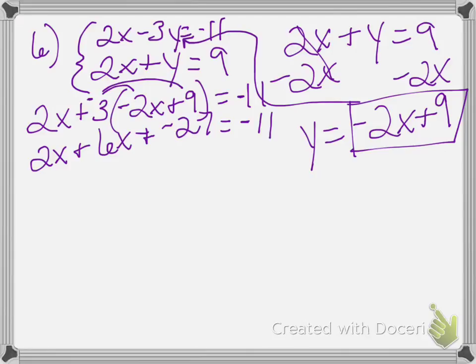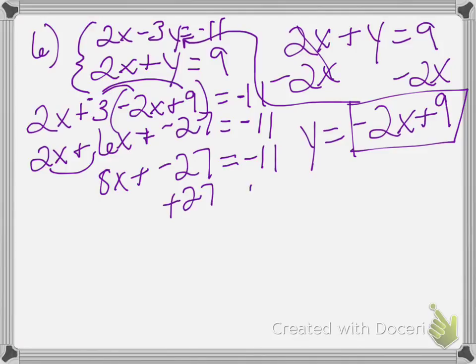Now that we've done all of our distributing, we need to combine like terms. So what does that become? 6x and 2x, they're both positive. 8x, and -27 equals -11. Okay, so now what do I do?